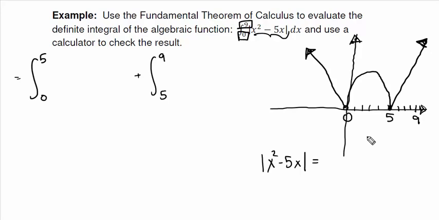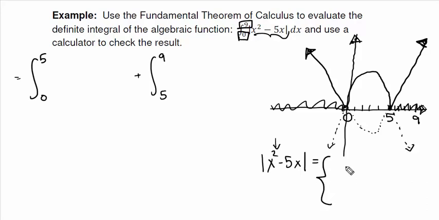Now, this isn't technically a straight line. If you think about it, this is a quadratic or a parabola. So what actually is going on is that you could draw this half of the parabola, and over here and over here is the part of the parabola that's pointing up, and then from 0 to 5 is the part of the parabola that's pointing down.